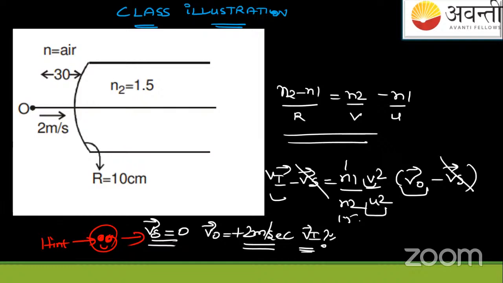Let me see the chat box. No one has given the answer yet. What do you think, what will be the answer of this? I just want the vi value. I think you all are solving. First of all, you have to find this v from this equation. Then put this v here, its square. You'll get the answer.